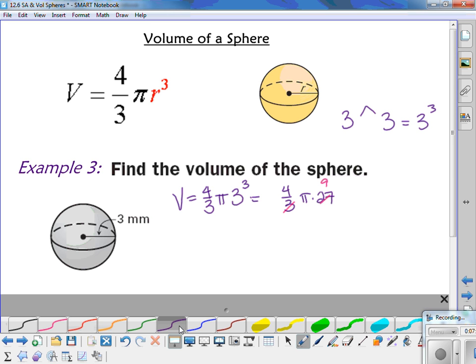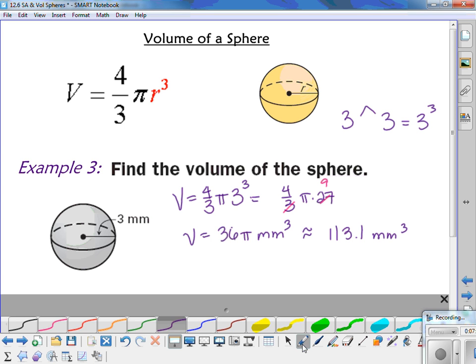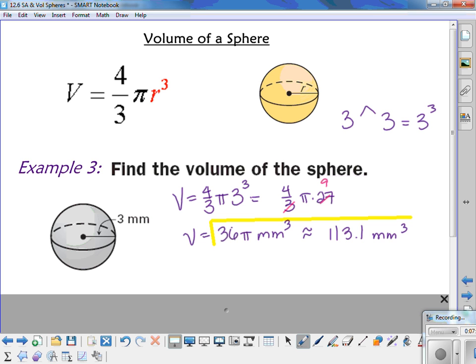And so 4 times 9 is 36, so the volume equals 36 pi millimeters cubed, and if you put that in your calculator, that's approximately 113.1 millimeters cubed. So again, depending on whether they ask for the exact or approximate, it depends on whether you leave pi in the answer.